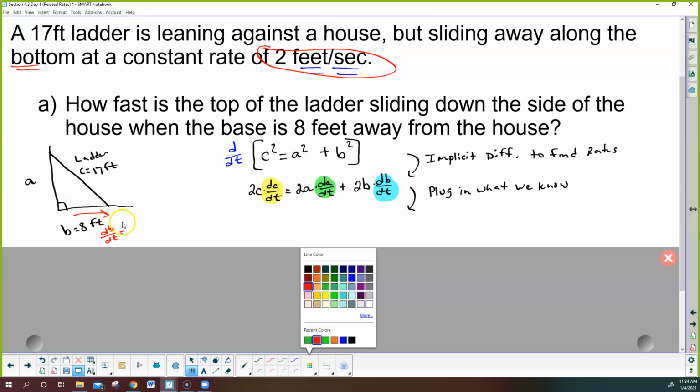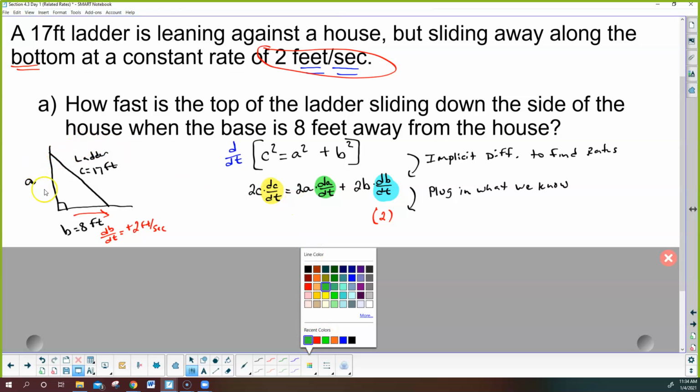This length is getting longer, so this is going to be a positive 2 feet per second. If we were going closer to here, then the distance was shrinking, then it would be negative. But they don't tell us that. We have to interpret it. So I know db/dt is 2 feet per second.